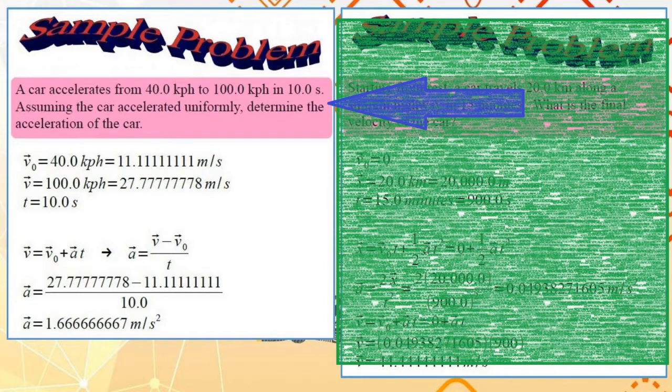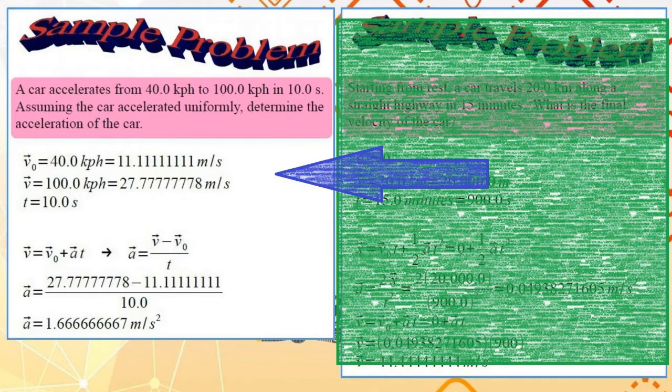So here, the problem itself tells us that the acceleration is uniform. You have uniformly accelerated motion. From the problem, the car accelerates from 40 to 100 kph. That means the initial speed is 40 kph.